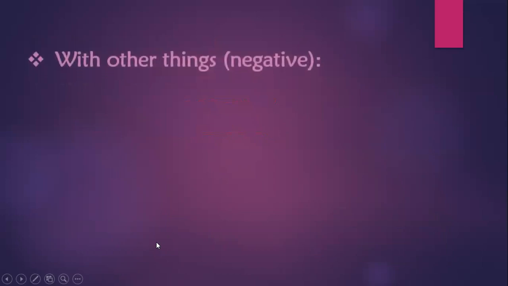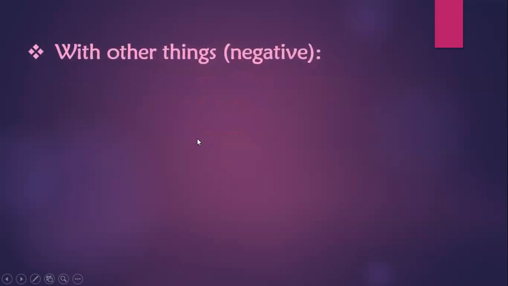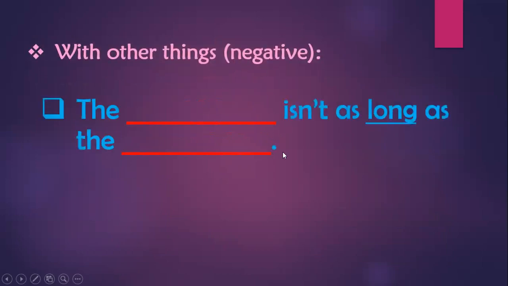Another example. In this case, negative sentence. The isn't. In the previous one we have a green arrow, purple arrow.